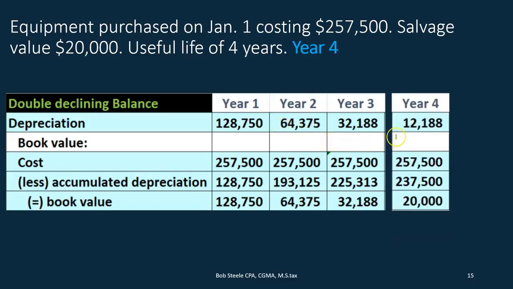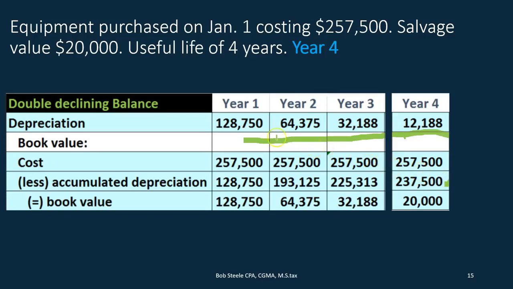So now we have the depreciation of 12,188 that we calculated. We see the front loading of depreciation going down throughout the 4 years. We can see that the cost remains the same. And we can see the accumulated depreciation is now calculated as last year's accumulated depreciation plus the current year's depreciation expense, bringing us to 237.5.